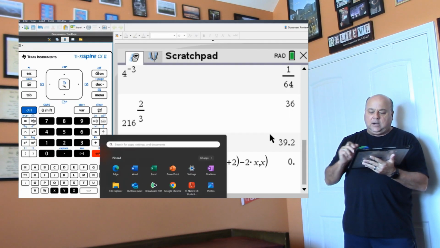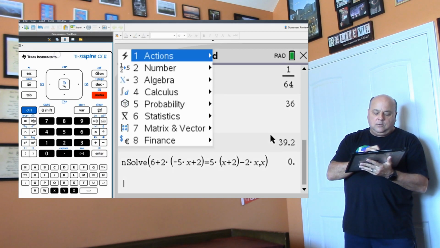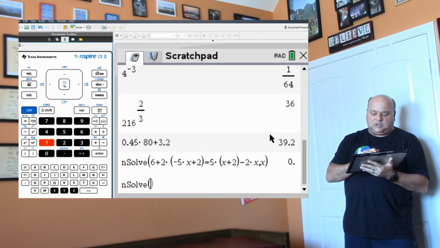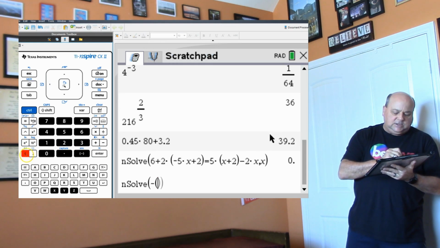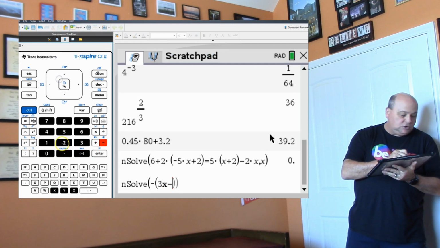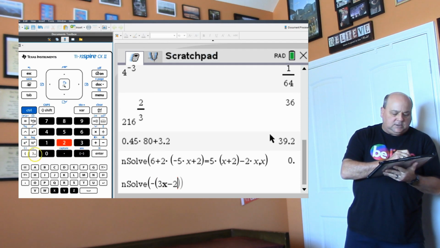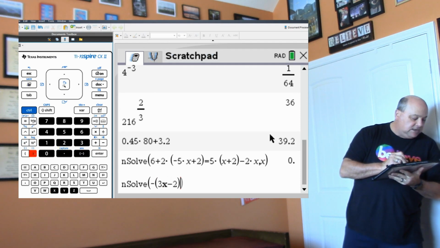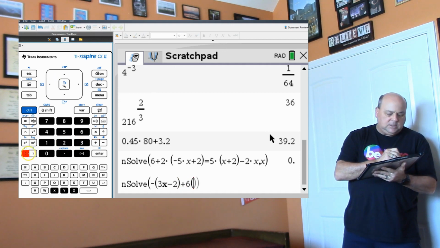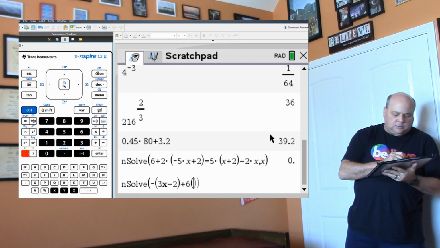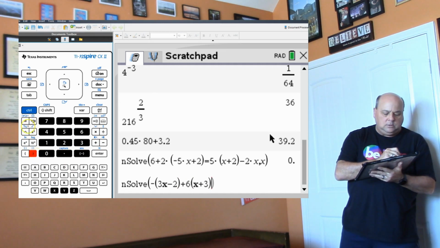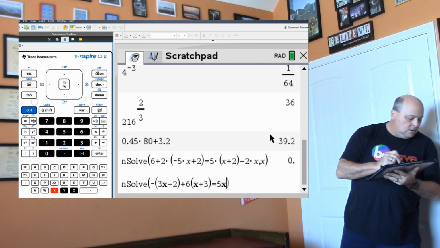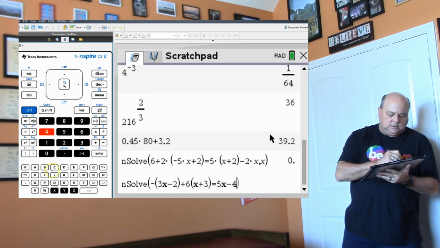We're going to go to our calculator. We're going to hit menu, 3 for algebra, numerical solve 1, type in the problem, negative parentheses 3x minus 2, close parentheses, plus 6 parentheses, x plus 3, close parentheses, equals 5x minus 4x.